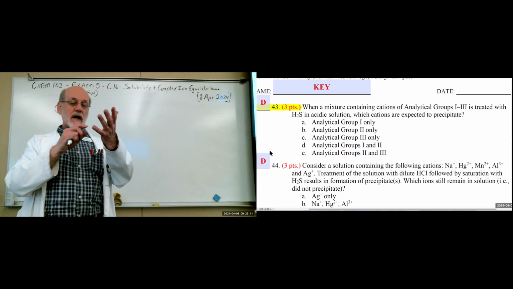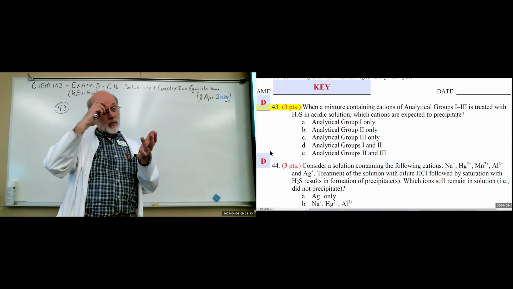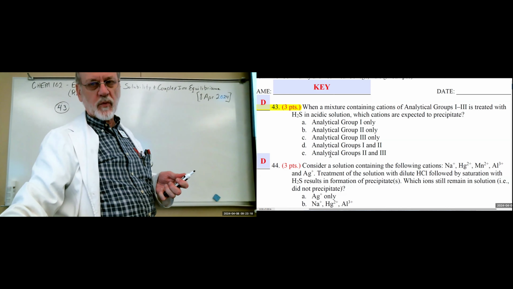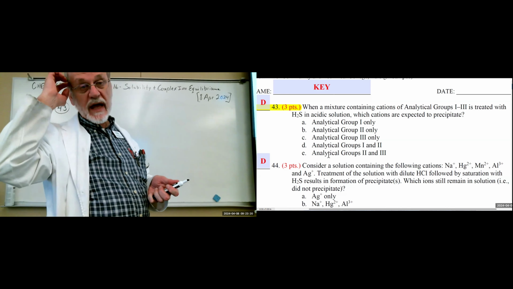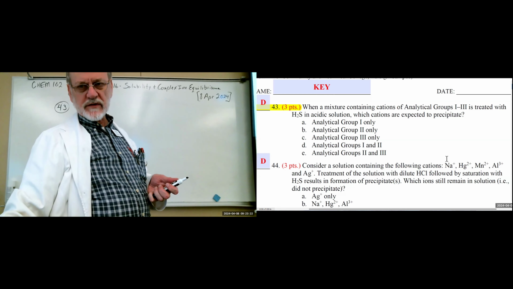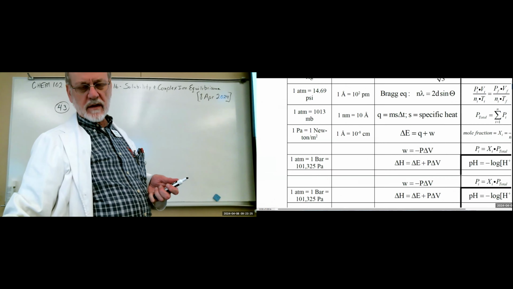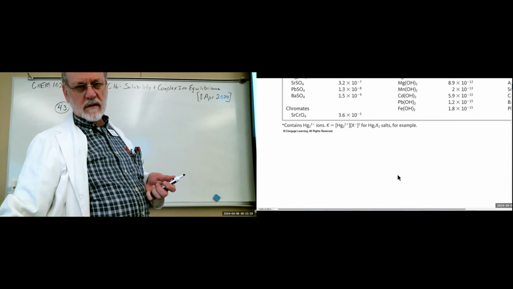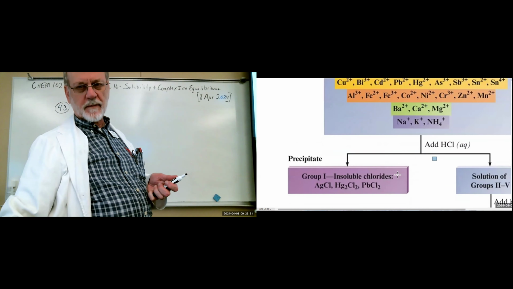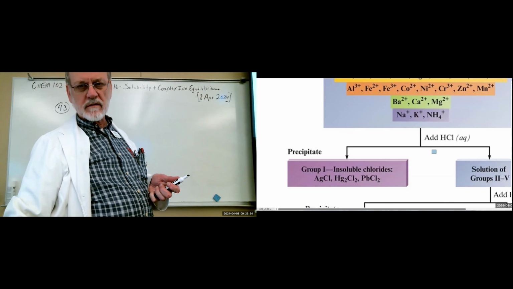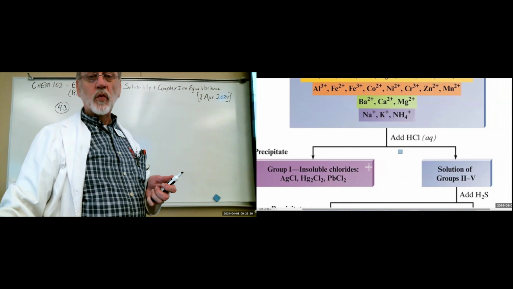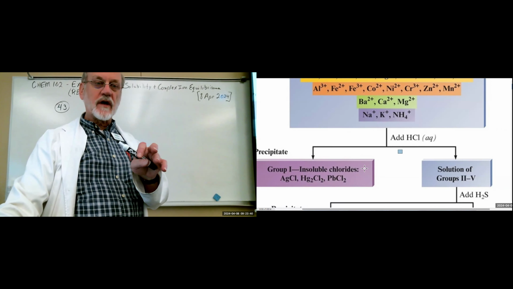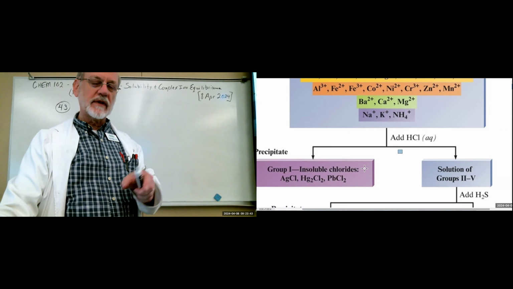Acidification will take out group 1, and then group 2 will be taken out by H2S. Let's go to the very back and verify that. Acidification with hydrochloric acid will take out the insoluble chlorides: silver, mercury, and lead.